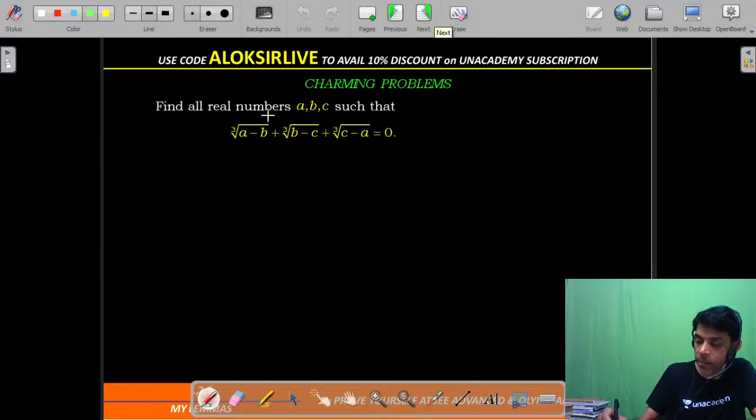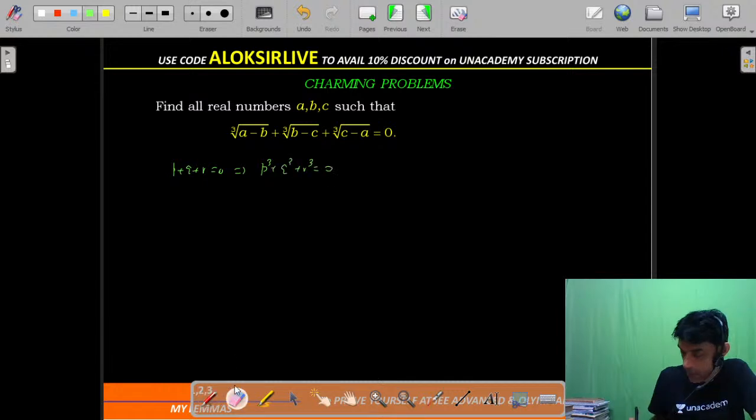Find all real numbers a, b, c such that it is 0. So again, sum of 3 numbers. So we have got p plus q plus r equal to 0. This implies p cubed plus q cubed plus r cubed is 3pqr.